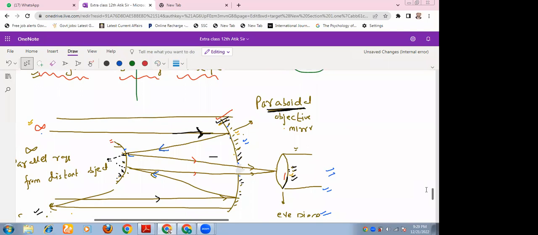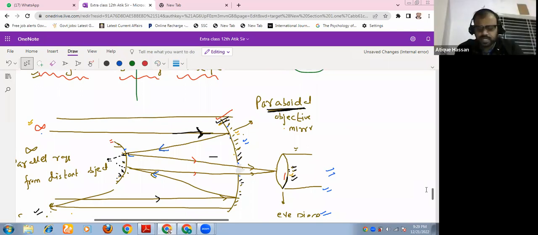So when you are using a lens, for different colors of light, the focal length is different. The wavelength of light rays is different, so the focal length of the lens becomes different for different colors of light. So what actually happens is that different colors of light converge at different points.